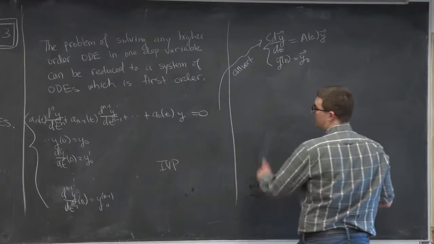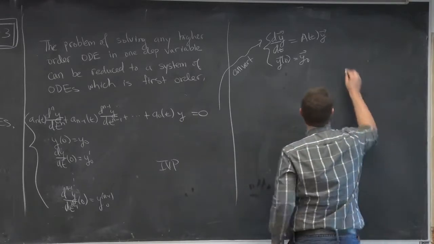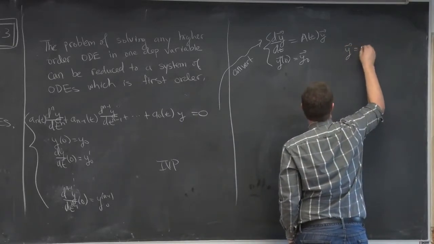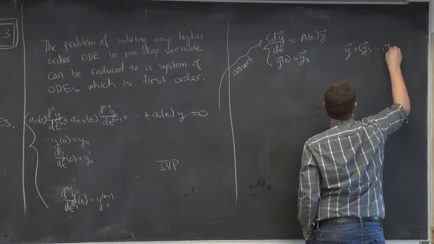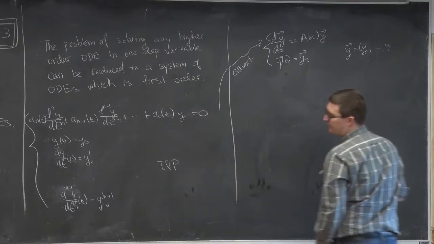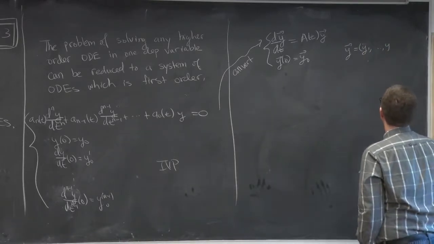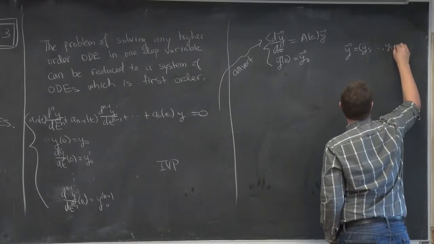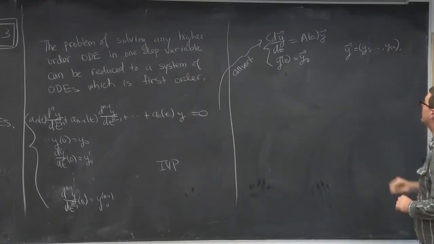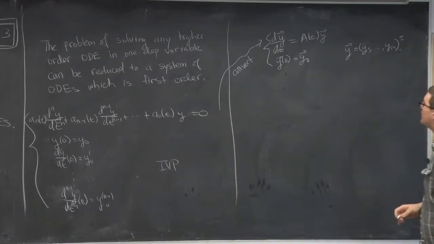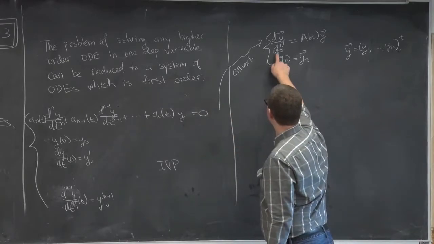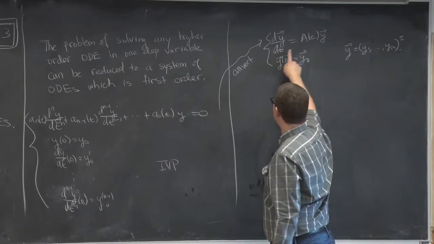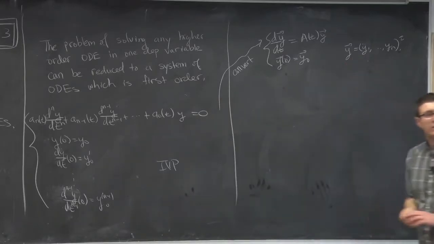And here y is y1 through yn, like this. Or maybe we could put a transpose here, so it's a column vector. So this is a higher order equation in one variable, and this is a first order system, since there's only one derivative appearing in many variables, so many dependent variables.